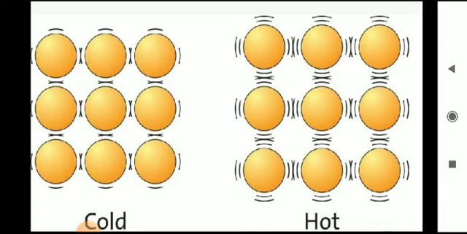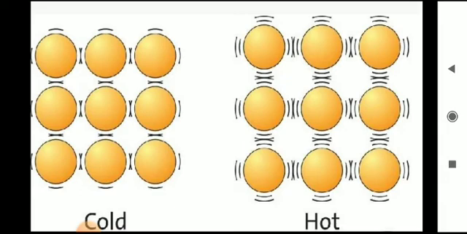And in the second picture, you can see, when we heat any object, the particles of that object start moving away from each other, and that's why they occupy more space. And this is expansion. Clear? In both pictures you can see the difference.